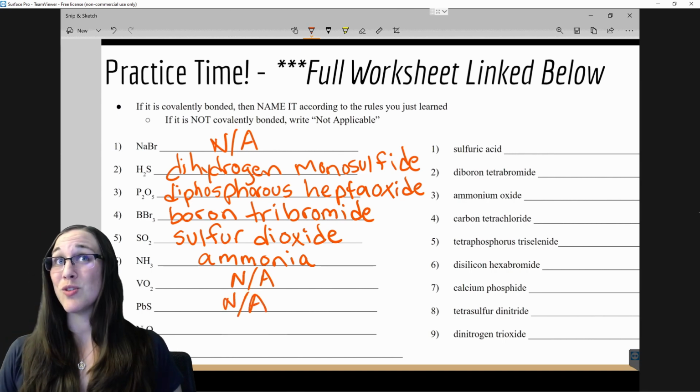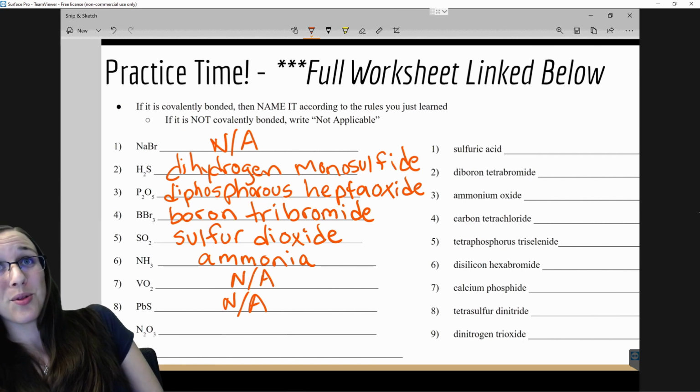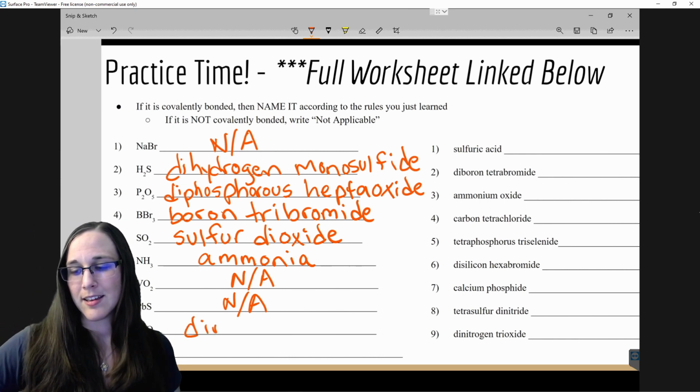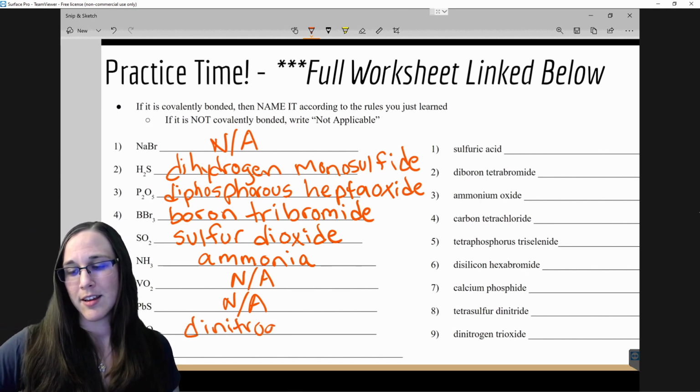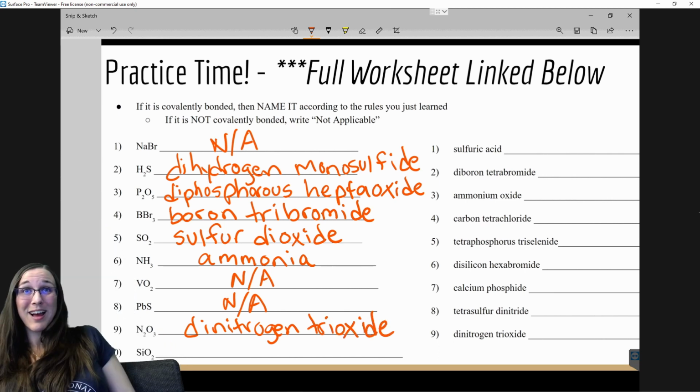And that one is N2O3. There's 2 nitrogens, 3 oxygens. So that would be dinitrogen trioxide, and end in ide. And last but not least, there's SiO2, silicon and 2 oxygen atoms.